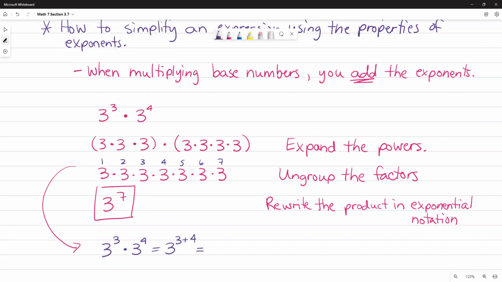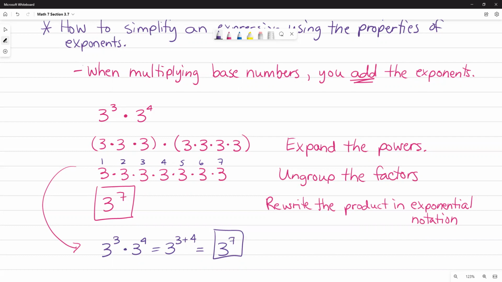Well, what's 3 plus 4? 7. So that gives me 3 to the power of 7. So much easier, right, than all those steps that we just did before: expanding it all out, adding them all together, and then putting it back. So that will work every time.